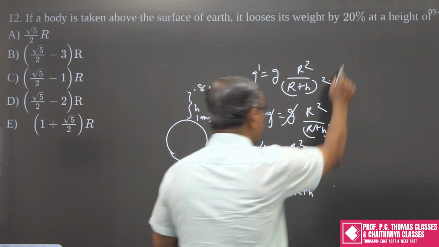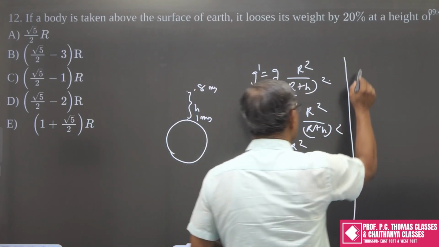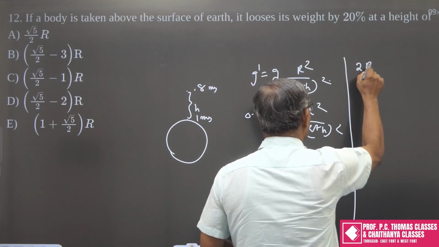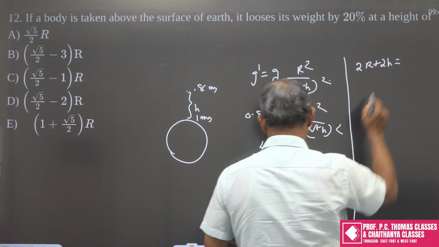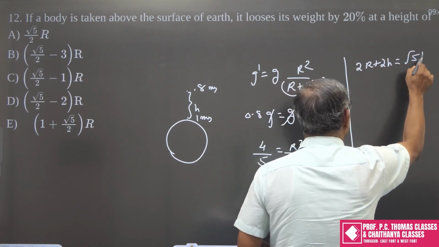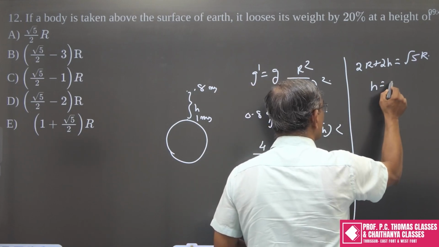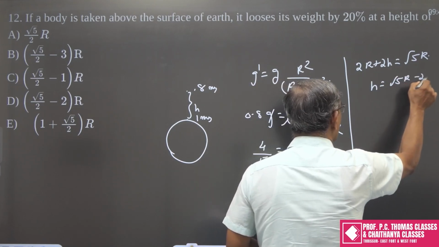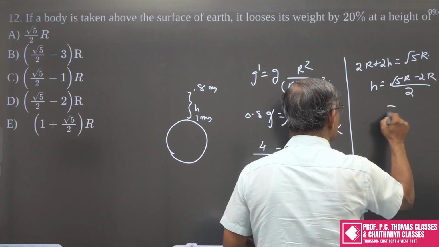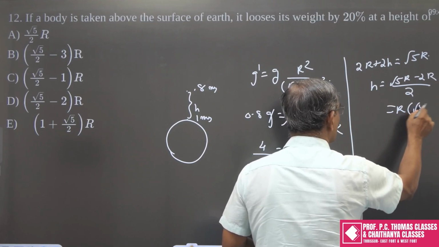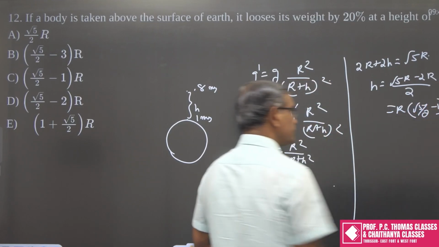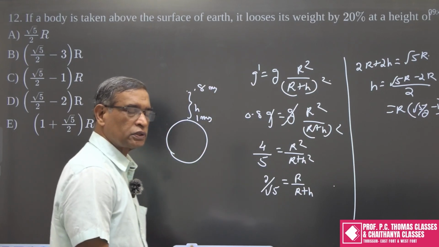Cross multiply: 2R plus 2h equal to root 5 R. Therefore, h is equal to root 5 R minus 2R by 2, which is R into (root 5 by 2 minus 1). So that is the height at which this happens.